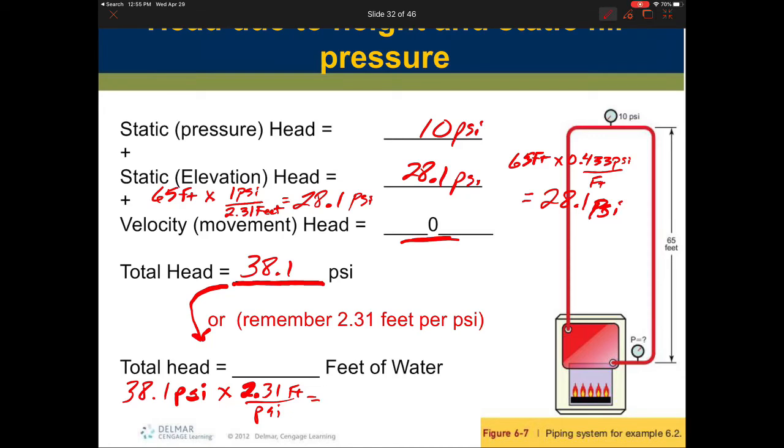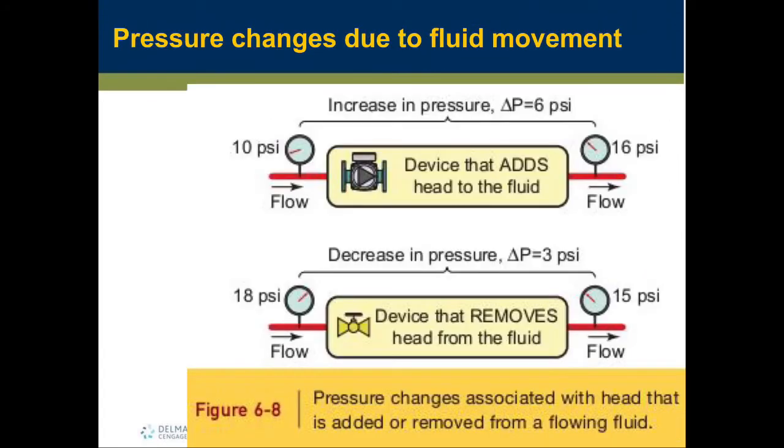So 38.1 times 2.31, and you're going to come up with approximately 88 feet of water. It's approximately 88.011, and that's even approximate. We sometimes call that feet of water, or feet of head, or water column, however you want to say that. But that's really what that pressure ends up being. So it's a good skill to know how to convert those.